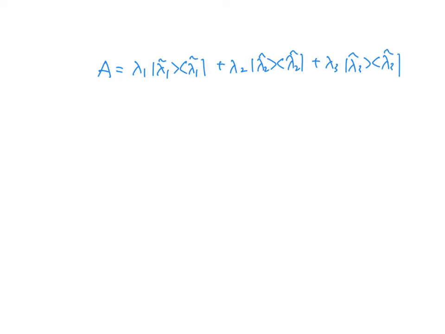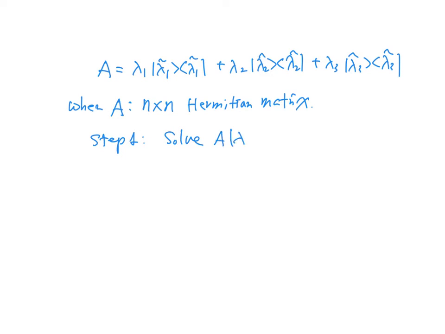So A can be written as this. When A is an n by n Hermitian matrix, step 1, solve A lambda equals lambda.